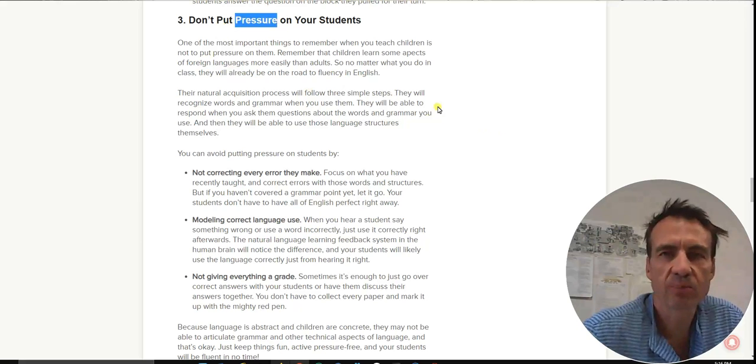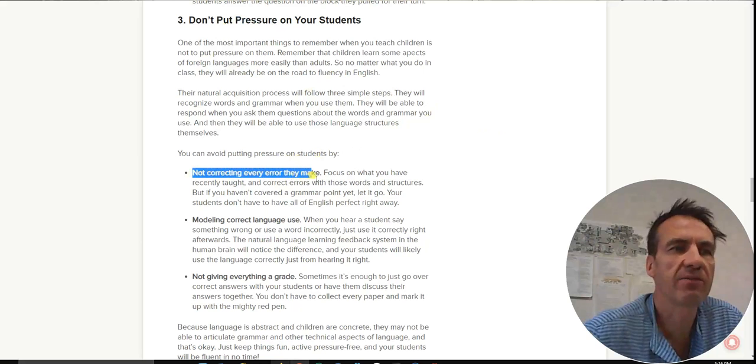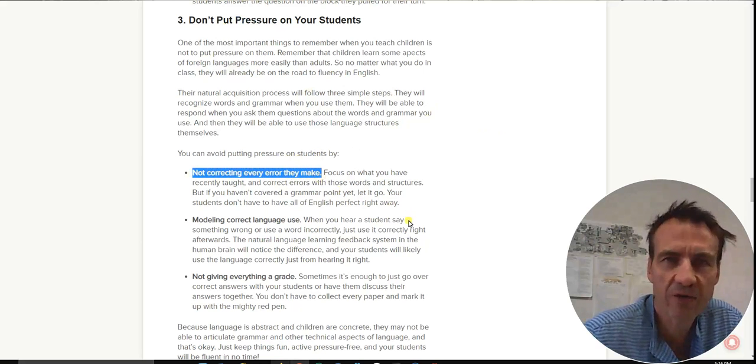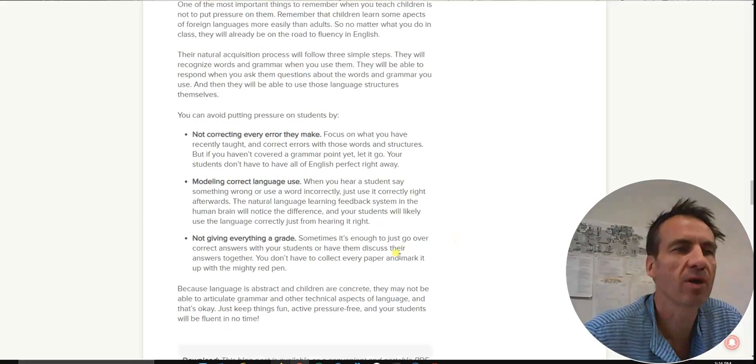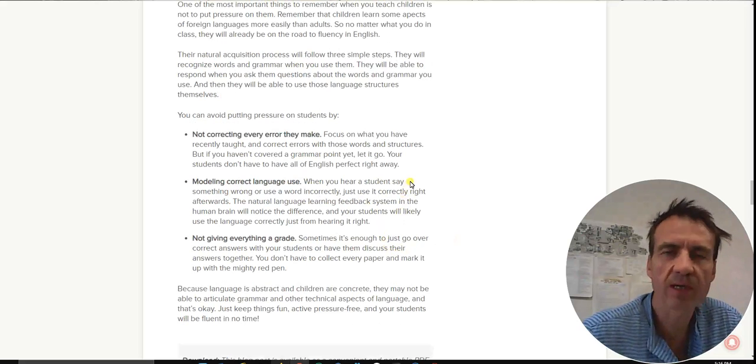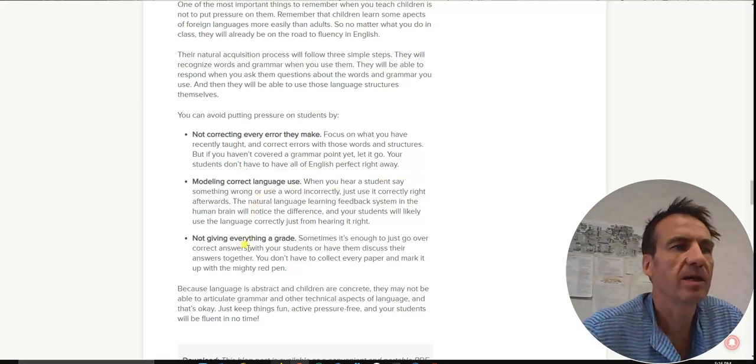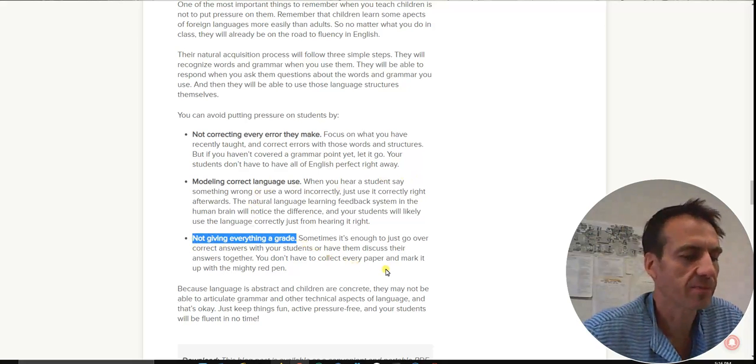Again, the goal is to increase confidence, so you're not correcting every mistake, you're not looking for perfection or accuracy, you're looking for building fluency, building understanding of the vocabulary and grammar that you are reviewing in your micro lesson. And as I say, it's not grading everything.